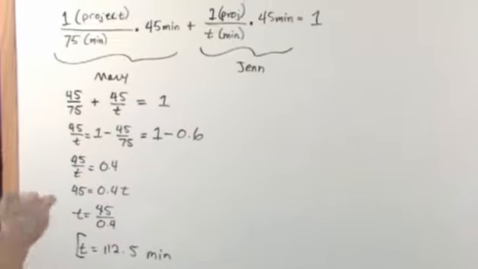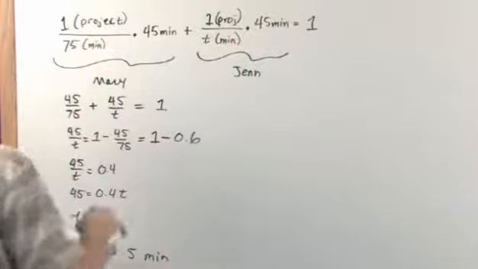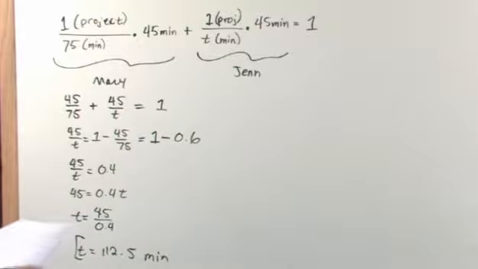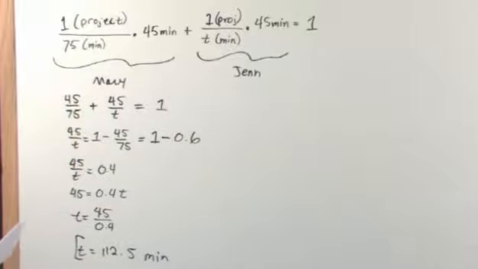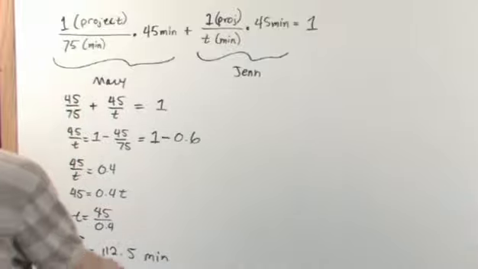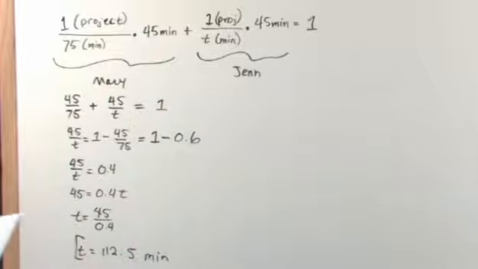We know that it takes them both working together only 45 minutes to do the project. And we know that it takes one person 75 minutes to do it. And so the other person, her rate is she can do one project in 112.5 minutes. And in that way, when they both work together, it only takes them 45 minutes.